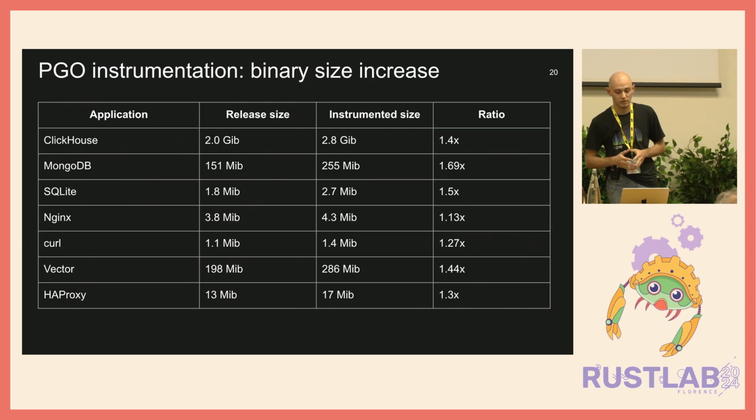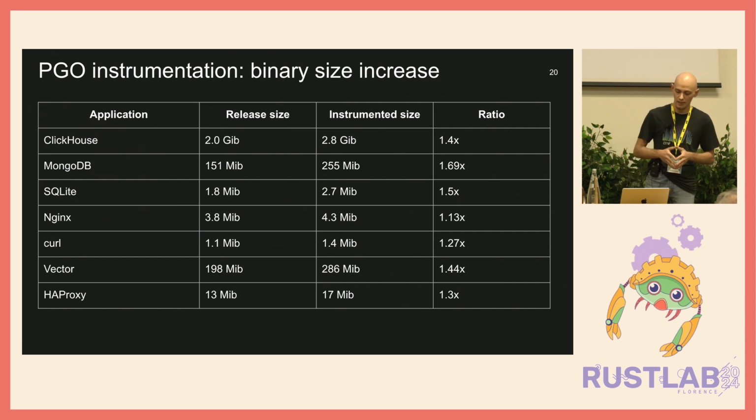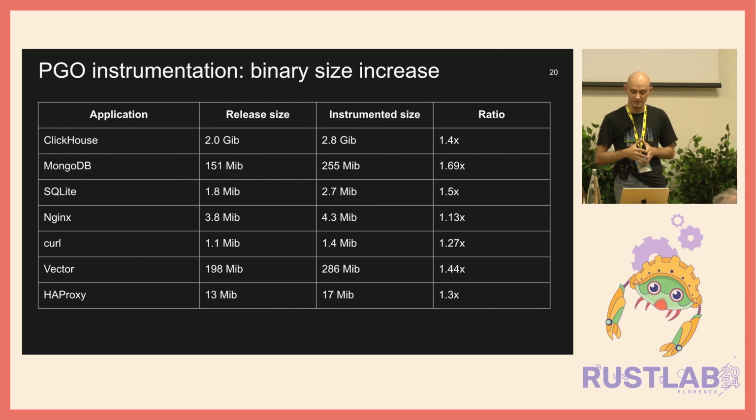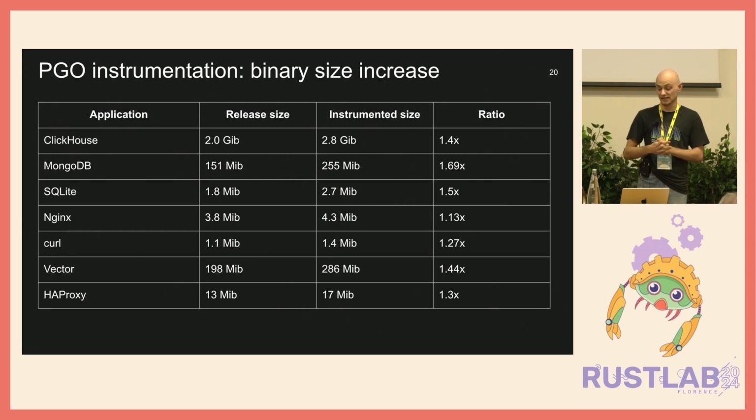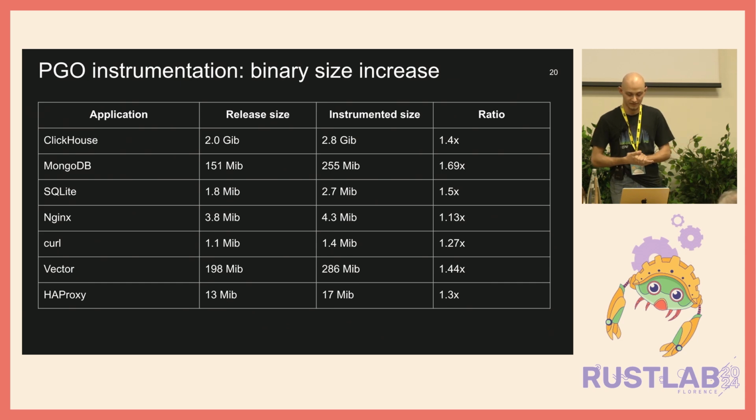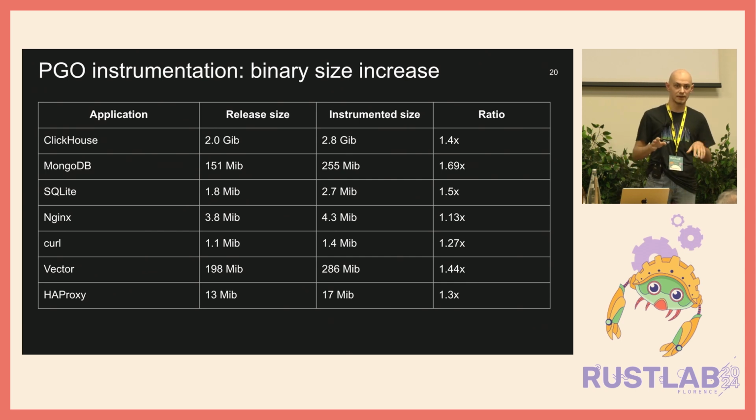So let's talk about some numbers. I performed many benchmarks. I'll just show you some of them. Here we can compare the release size and the instrumented size of binaries. No worries that in Rust there is only a vector application. The situation is pretty much the same for C, C++, and Rust applications, trust me.